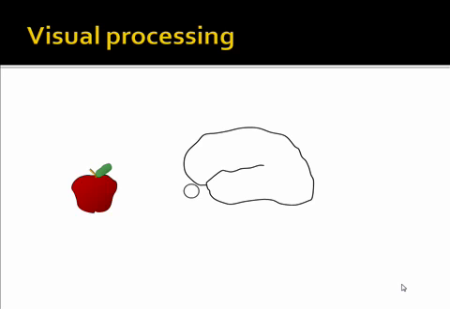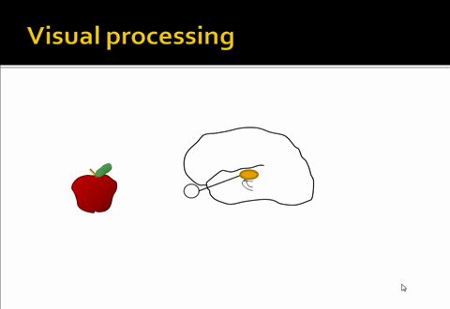To go through how visual information is processed, let's take an example. Let's say you're looking at an apple. That information makes it to your eye and follows from your eye through your optic nerve into your brain and eventually to the thalamus.